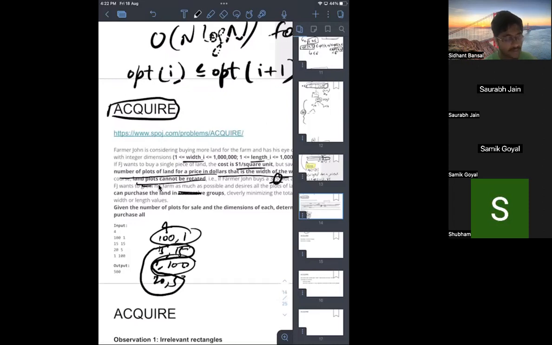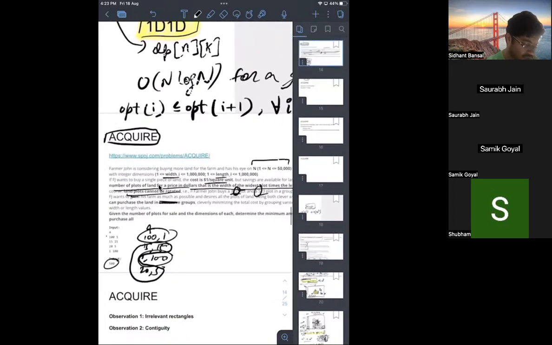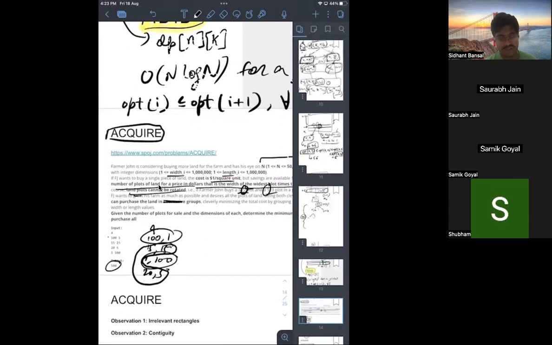You don't have to pick contiguous subsegments or anything of that sort. You just have to pick some subset such that everything is bought out eventually. Within that subset, the maximum width times the maximum length is the cost you'll pay for that entire subset. And you want to minimize the entire thing. So that's the question. I hope the question is clear.